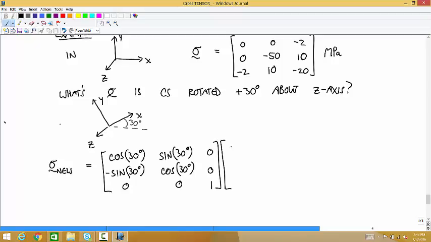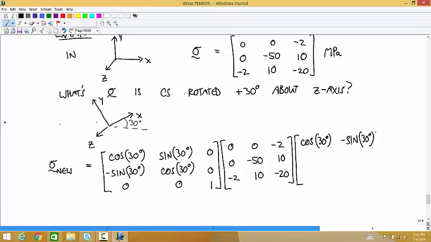Then our original stress tensor, 0, 0, negative 2; 0, negative 50, 10; negative 2, 10, negative 20. And then the transpose of this matrix, which is cosine 30, negative sine 30, 0; positive sine 30, cosine 30, 0; 0, 0, 1.